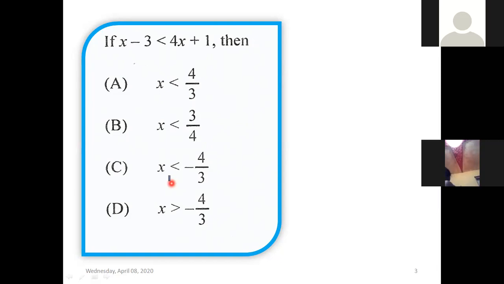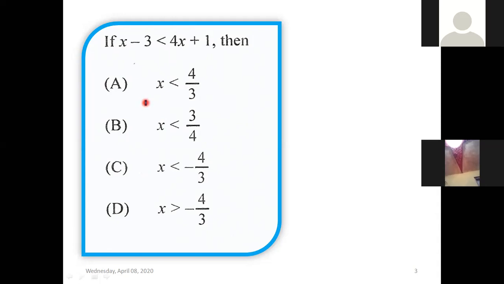All right, anybody want to explain to me the first line? What comes after this line here? So if you're going to work it using an equal sign, you'd group everything, so you'd say x minus 4x equal 1 plus 3.